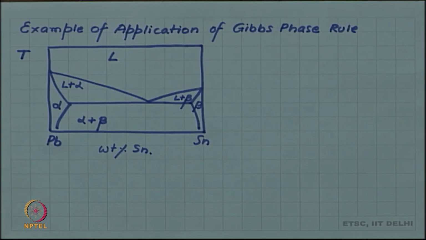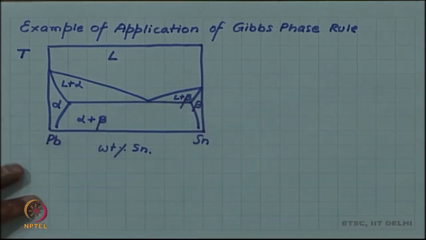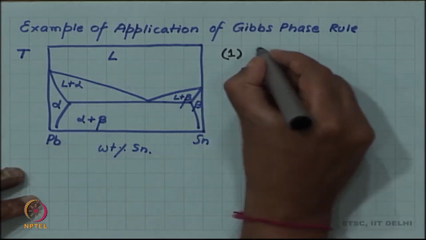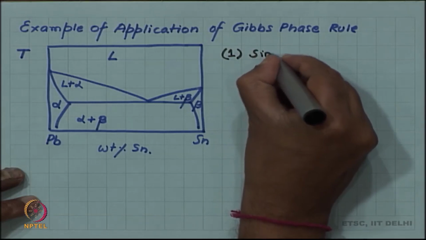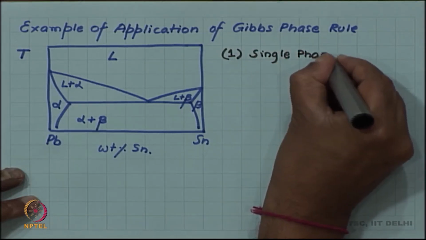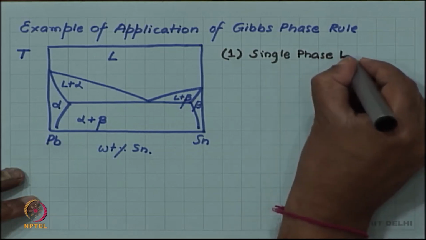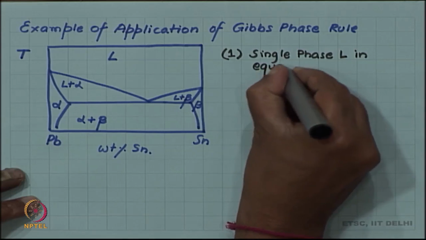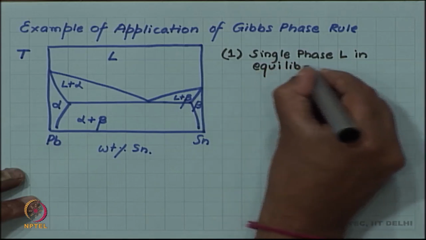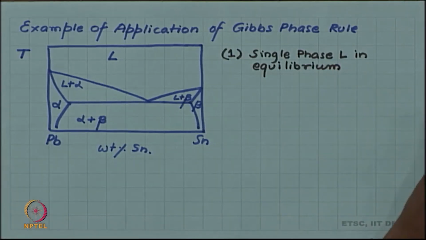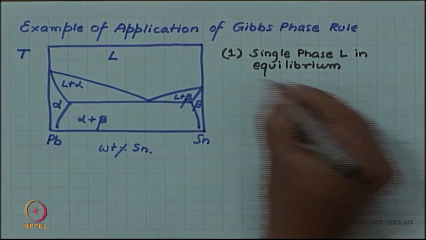Now, let us consider a situation of a single phase equilibrium. The first example, let us consider single phase liquid in equilibrium. So, what are our variables?